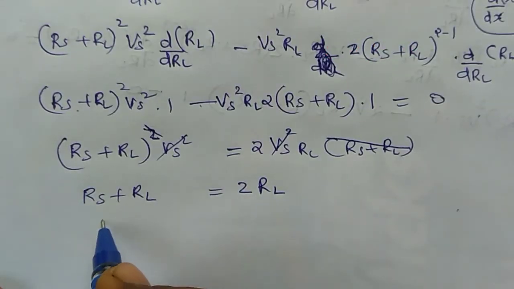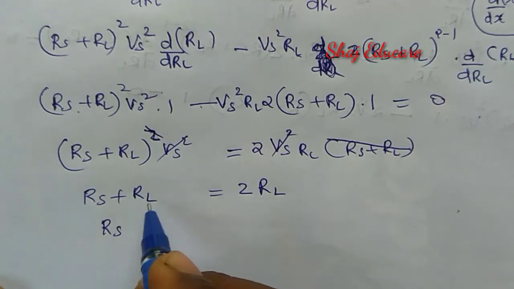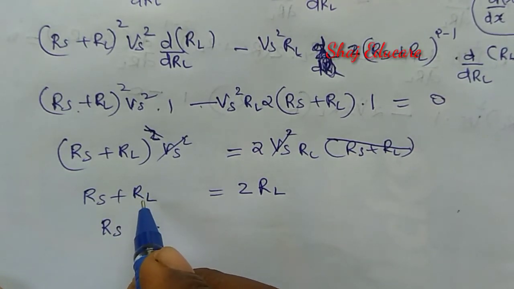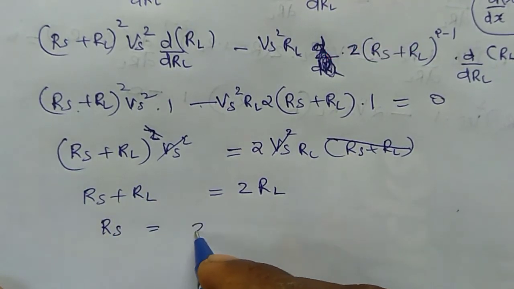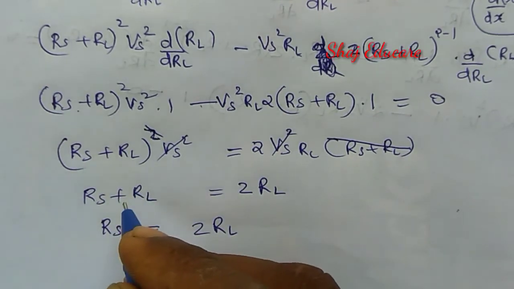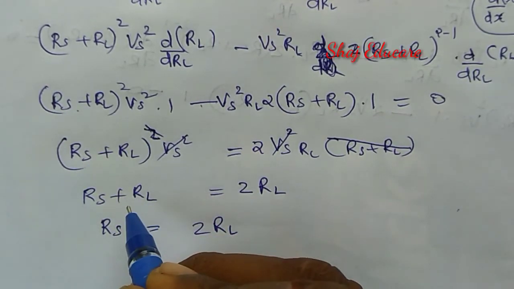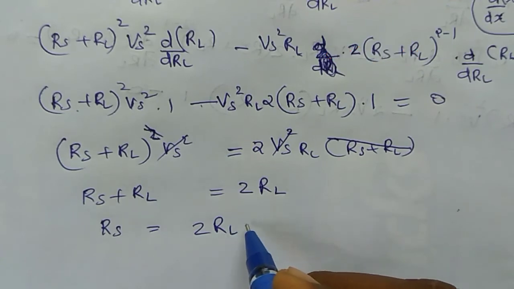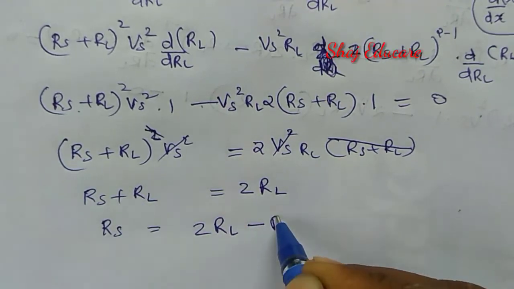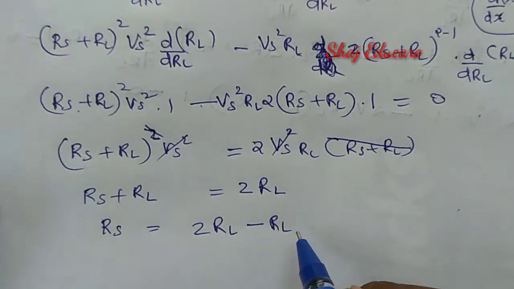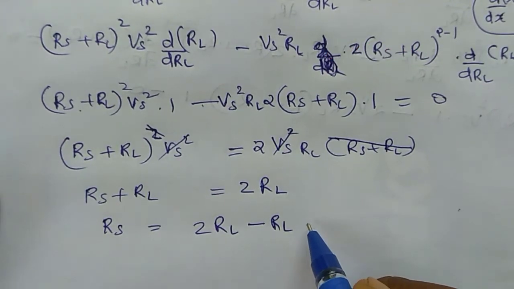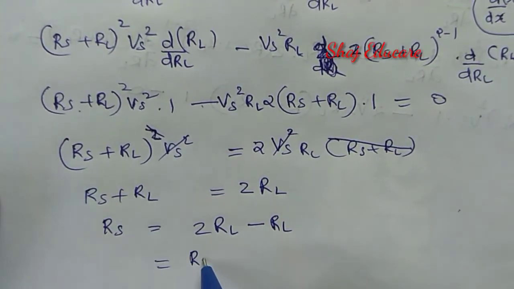So I'm going to take the RL term to the right hand side. Here it is plus, so if I am taking it to the right hand side, this plus becomes minus RL. 2RL minus RL gives RL itself.